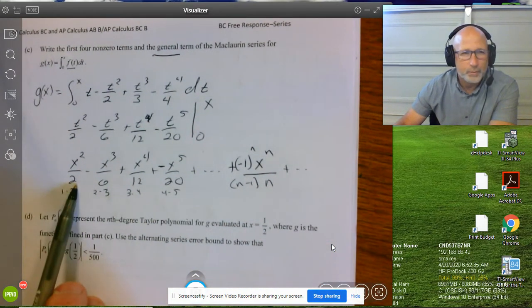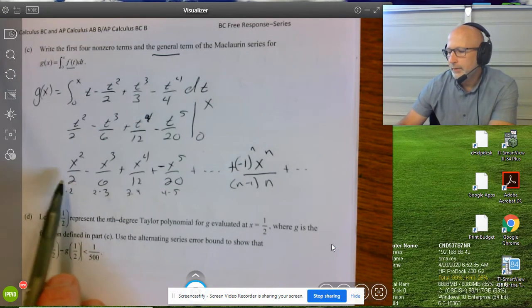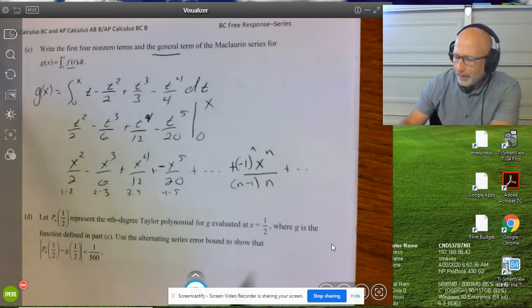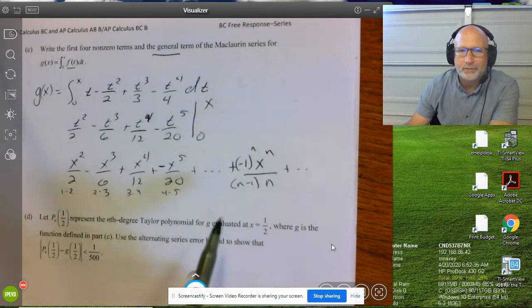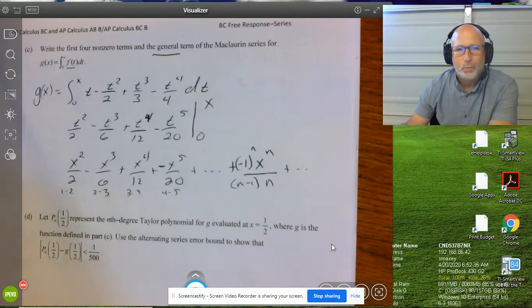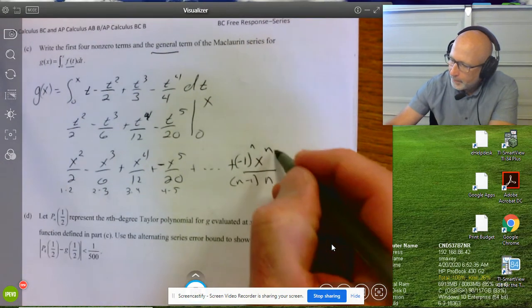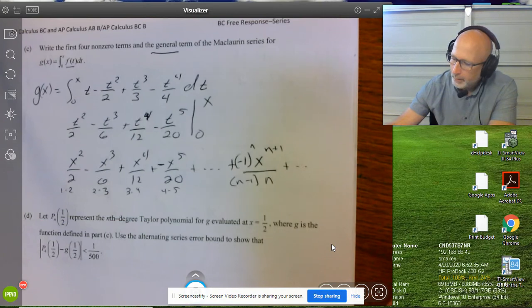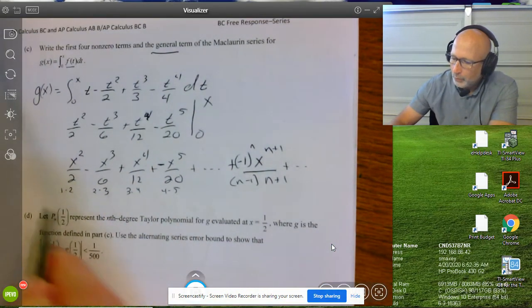Is this the first term? Is it the 0th term? Could you start at the second term? It doesn't really matter as long as what value you plug in for n, it does match up here. Now, I'm just going to start with the first term. Okay, when I plug in 1, I should get out 2. That means that this is going to be a plus 1. When I plug in 1, it's going to be 1.